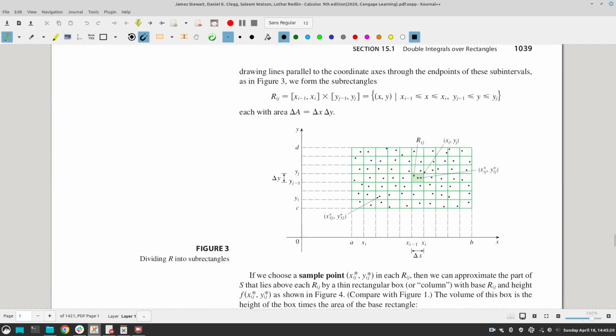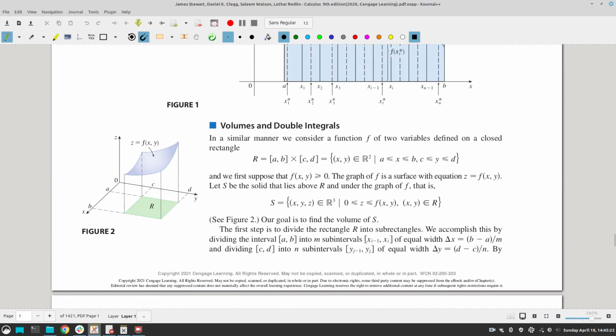So we want to find the volume underneath this surface and over this domain in R2.